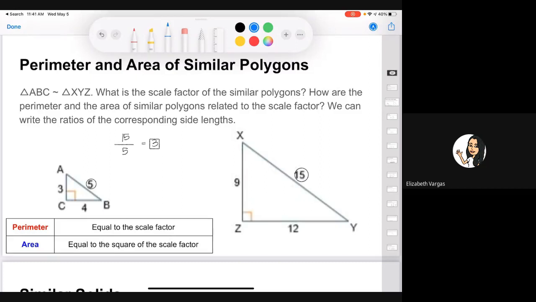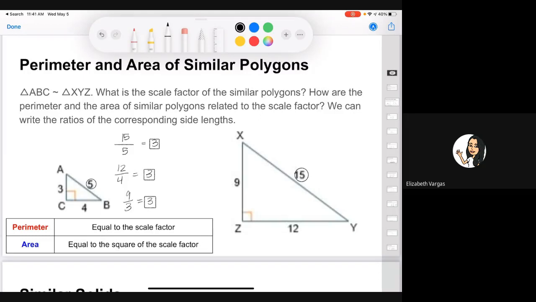Now we can compare the other ones. 4 and 12, they're both on that bottom. The big one on the top, the small one on the bottom. That's also equal to 3. Compare the last side, 9 and 3. That's 3. Because all of my ratios tell me it's 3, the scale factor is 3.